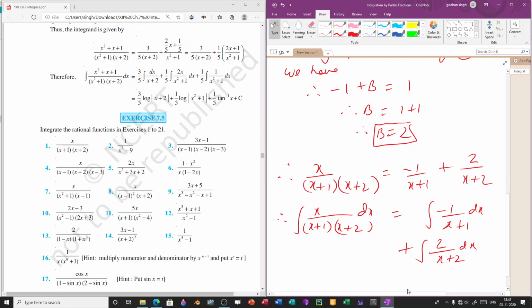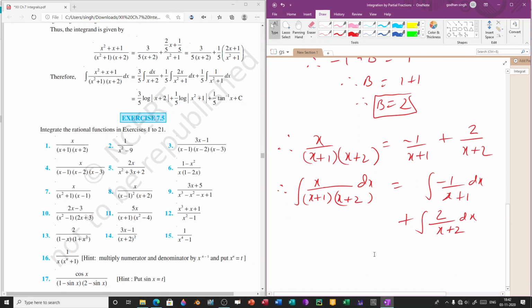So we will integrate this. Equal to minus 1 times log mod of x plus 1, since the minus can be taken out of the integration, plus 2 log mod of x plus 2 plus c.